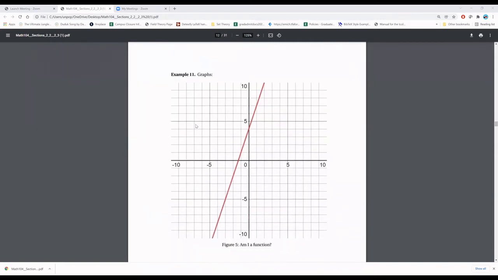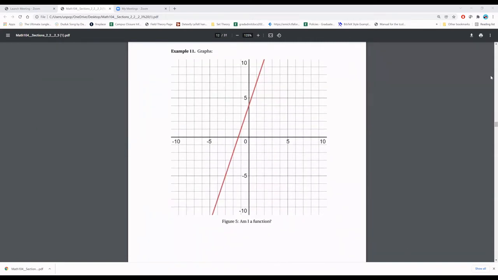So here is a line. I'm just going to perform the vertical line test on this line. I will start drawing vertical lines to cut the graph. Oh, I only hit it once.